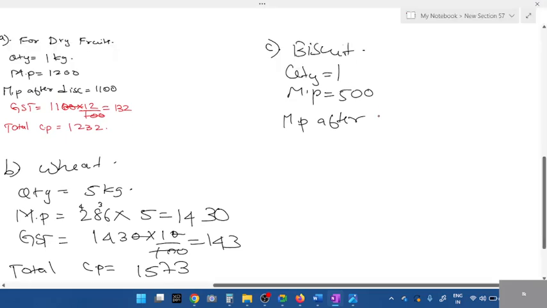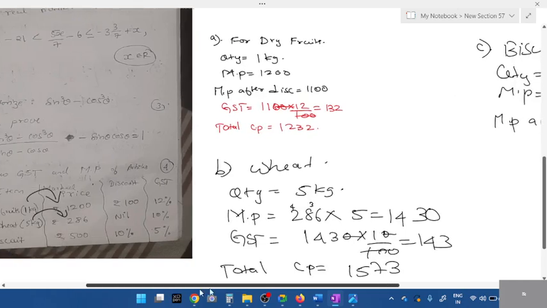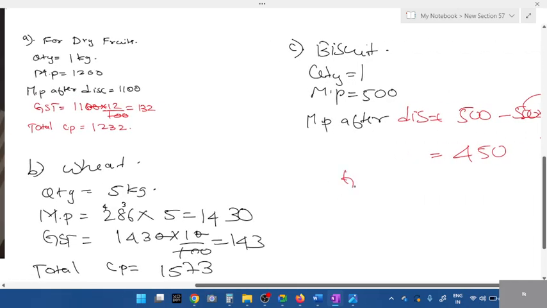So mark price after discount is equal to mark price 500 minus 500 into 10%. That is 50. 500 minus 50, what's the value? 450. And the GST is 5%. GST is equal to 450 into 5%. 10 and 10 get cancelled.